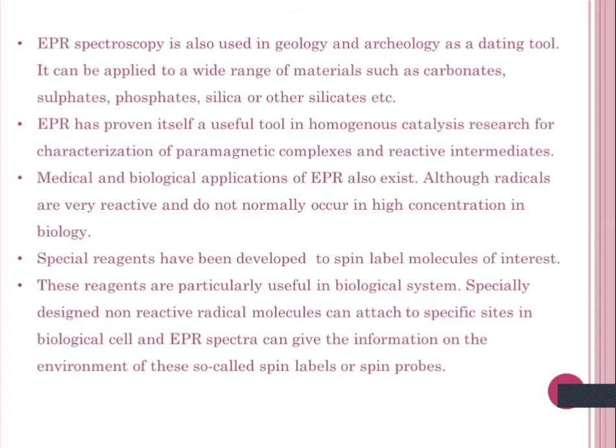These reagents are particularly useful in biological systems, especially the specially designed non-reactive radical molecules that can attach to specific sites in a biological cell, and electron paramagnetic resonance spectra can then give information on the environment of these so-called spin labels or spin probes.